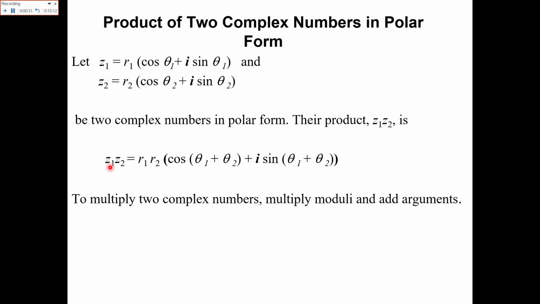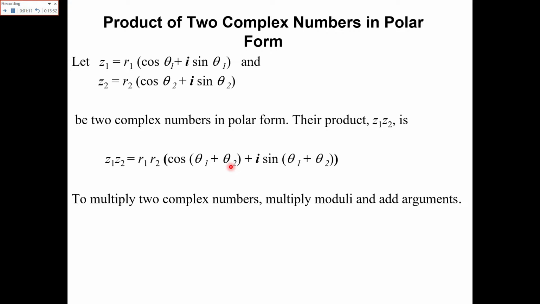So z1 into z2 would be equal to r1 multiplied by r2 outside the brackets, and then cos of theta 1 plus theta 2, plus iota sin of theta 1 plus theta 2. To multiply the complex numbers, we multiply the moduli: the modulus r1 and r2 of both numbers are multiplied by each other, and the arguments are added to each other. So this is basically the product law for the polar form.